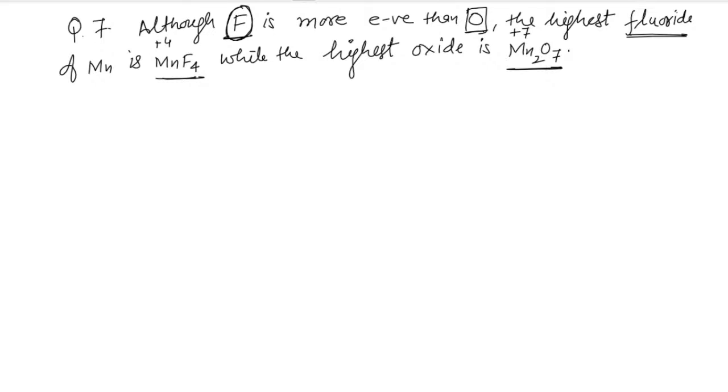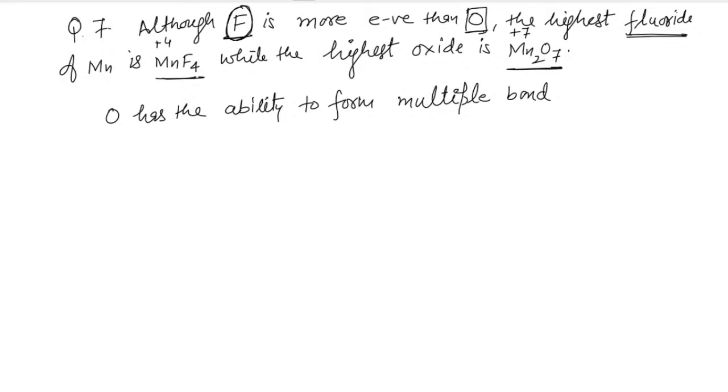So the simple reason is that oxygen has the ability to form multiple bonds. Very good, Sahil. Oxygen has the ability to form multiple bonds with transition metals, but fluorine cannot do so.